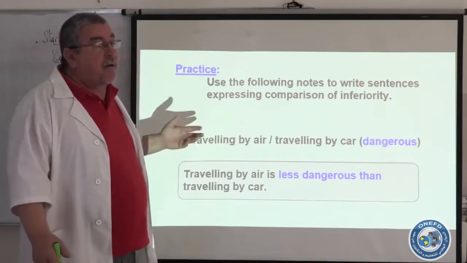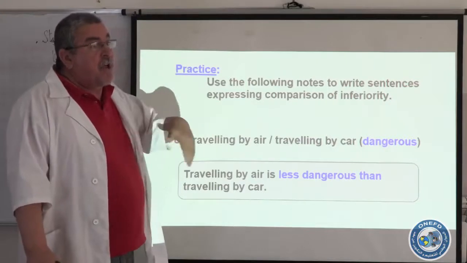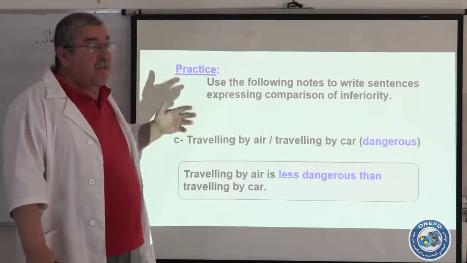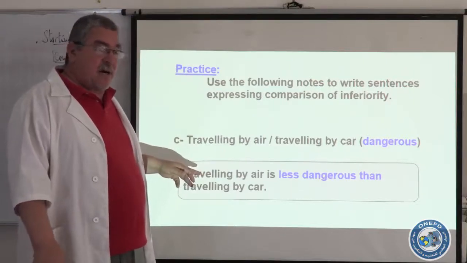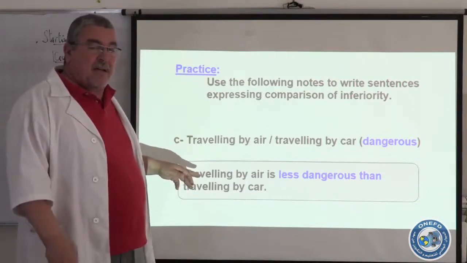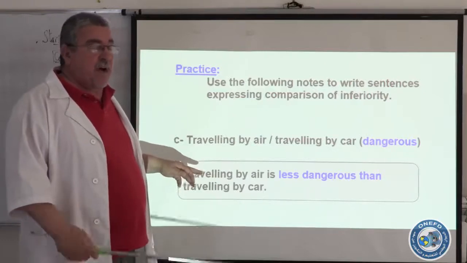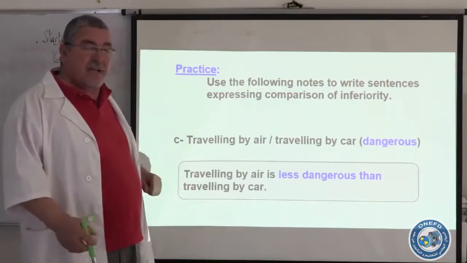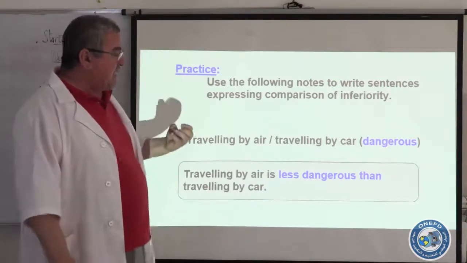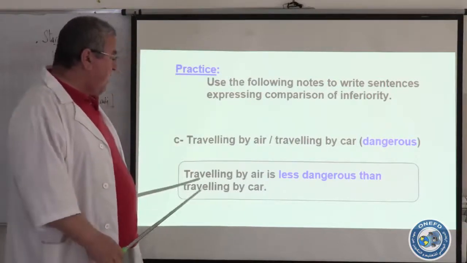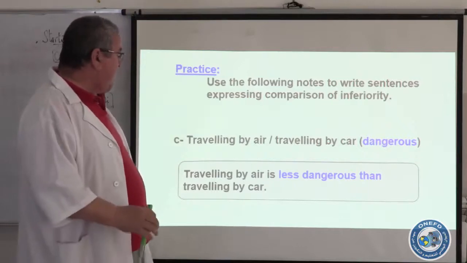Maybe one plane crash every 2 or 5 years. As for cars, there are hundreds of car accidents every day on the Algerian roads. So traveling by air is less dangerous than traveling by car.